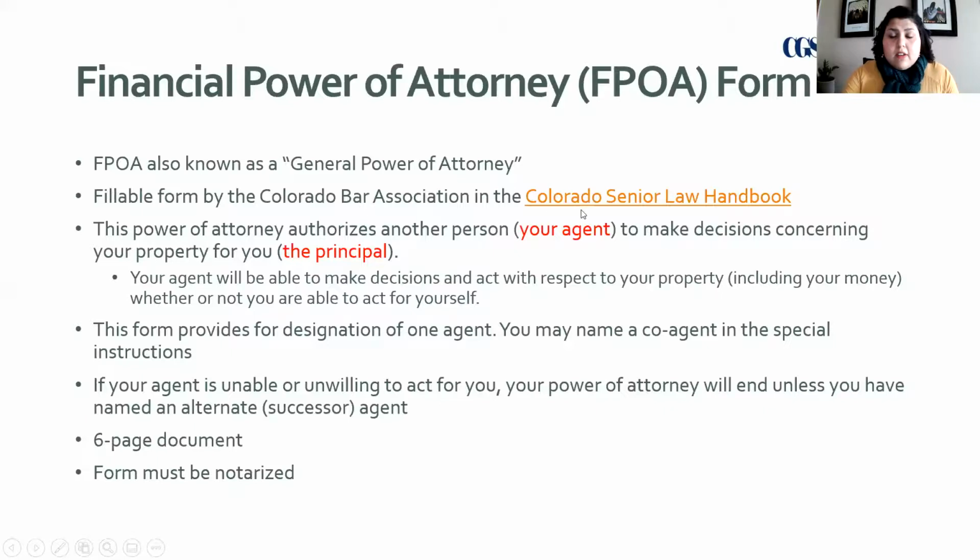When you receive the PowerPoint, everything in orange, you could link to it. So you will have access to the handbook, which I highly recommend. They publish a handbook every year, so that's a nice resource to have.